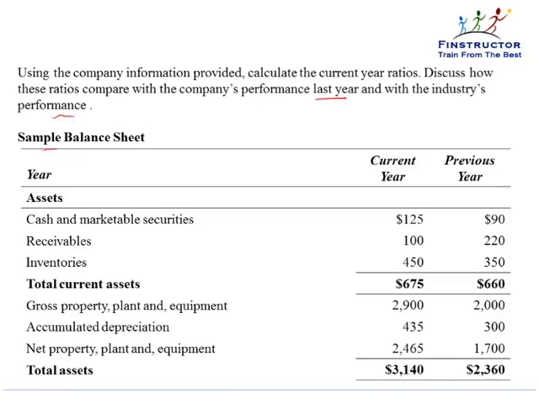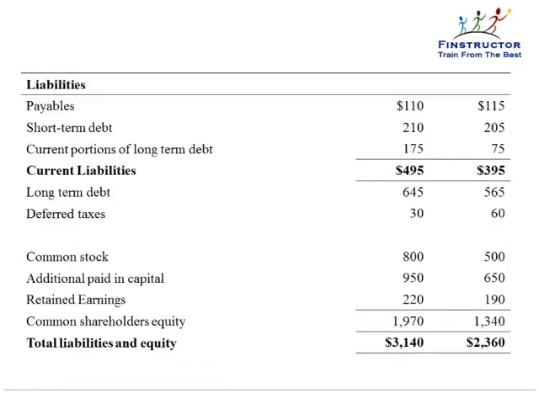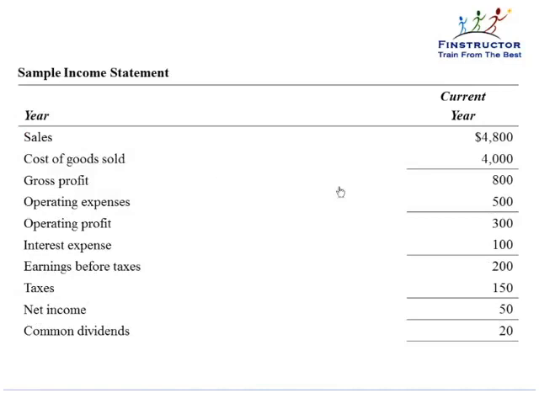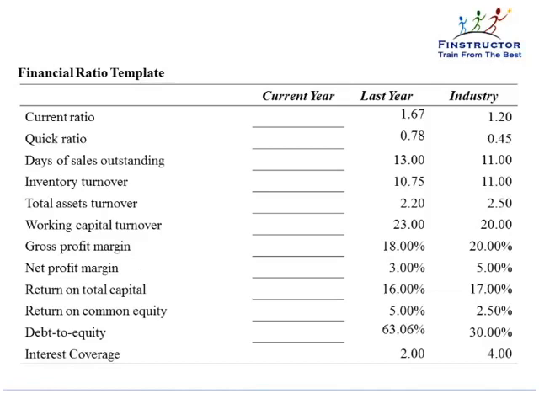So we're given a sample balance sheet, cash, receivables, inventory, fixed assets, the liabilities, and we're also provided with the income statement. The question asks us to compute the following ratios using the data provided in the previous slide and compare them with the last year numbers as well as that of the industry. So we'll dive right into it.